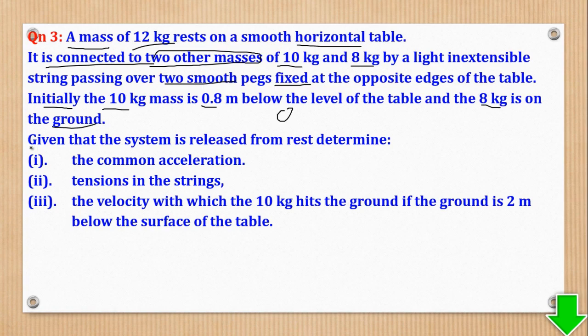Given that the system is released from rest, determine: one, the common acceleration; two, the tensions in the strings; and three, the velocity with which the 10 kilogram mass hits the ground if the ground is 2 meters below the surface of the table.